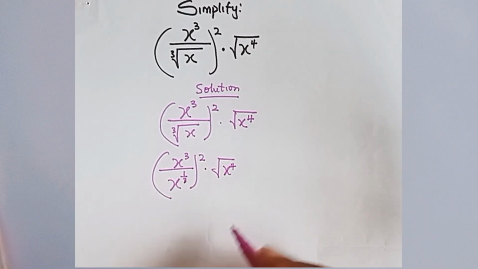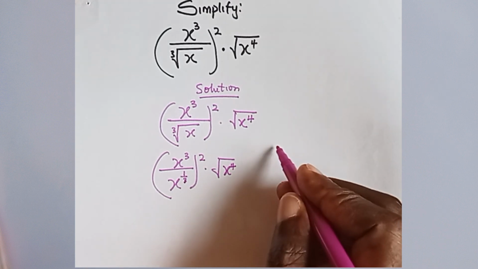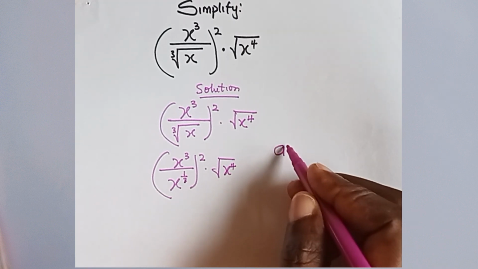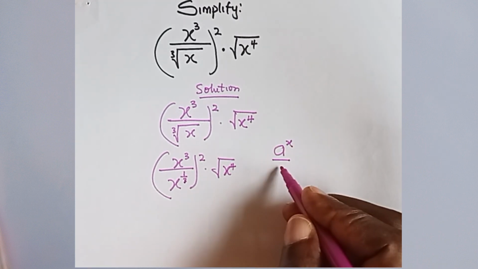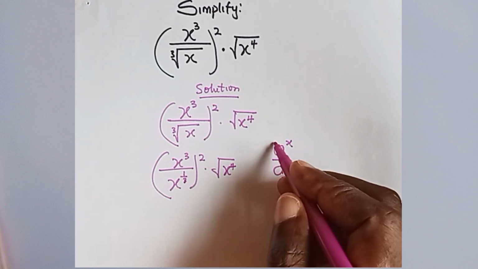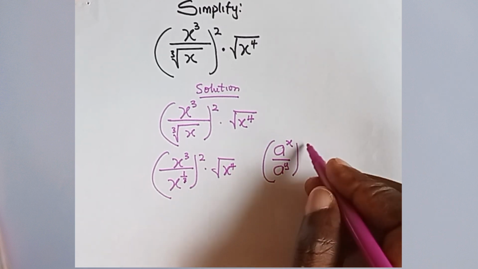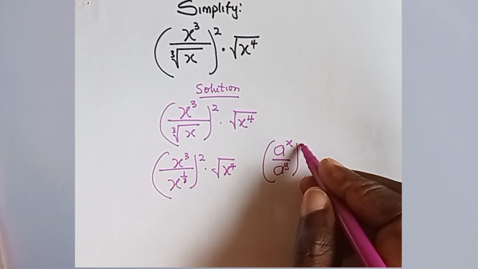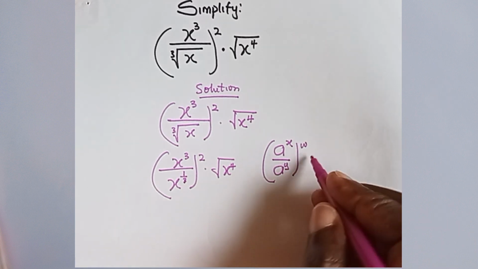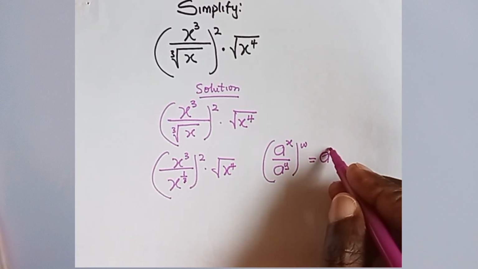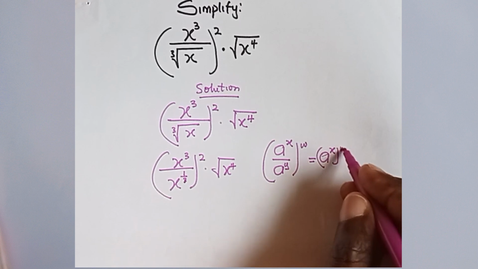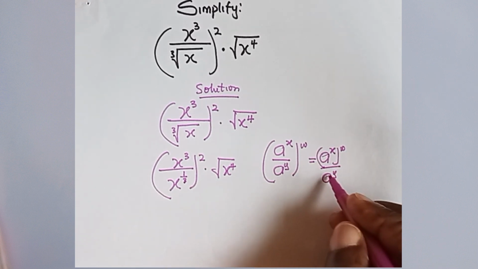Right, so we apply one of the laws of indices that says that if we have a raised to the power x over a raised to the power y, everything raised to the power w, then it becomes a raised to the power xw over a raised to the power yw.